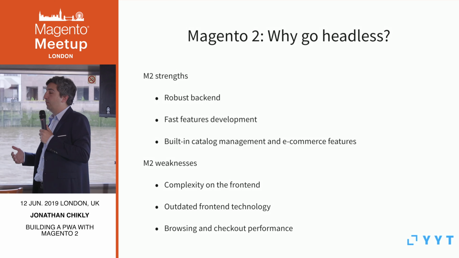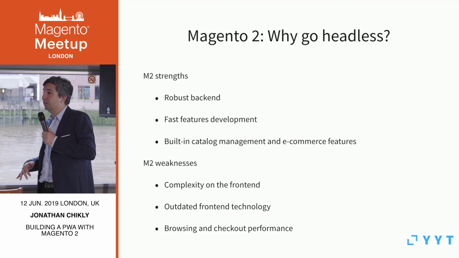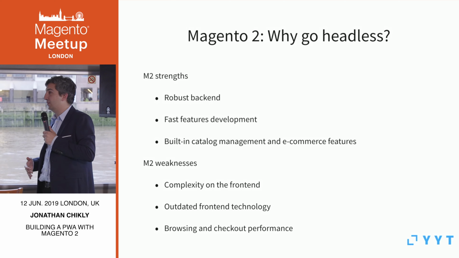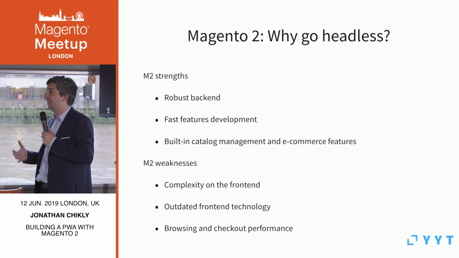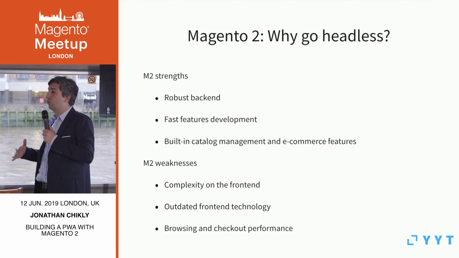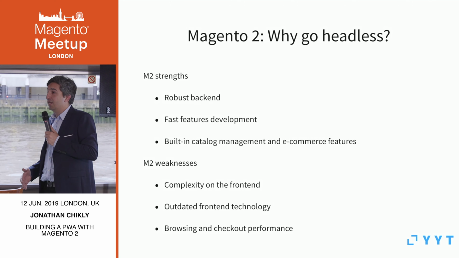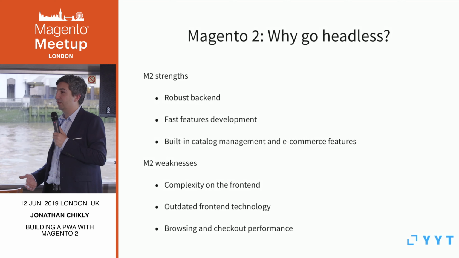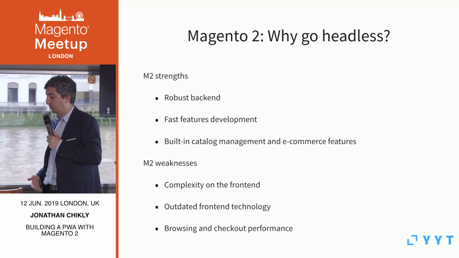And there's also some complexity that comes with the layout and block system. It provides a lot of flexibility, but once a project reaches a certain scale, it becomes quite slow to develop new features on the front end with Magento 2.